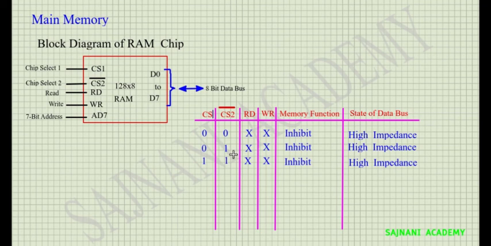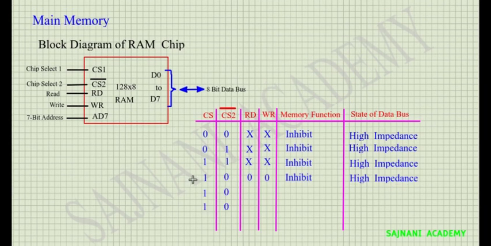Similar to that, if CS1 is 1 and CS2 complement is 1, even in that case, whatever the value of read and write, the memory IC will go into a high impedance state. This IC will work, as I explained, if CS1 is 1 and CS2 is 0.